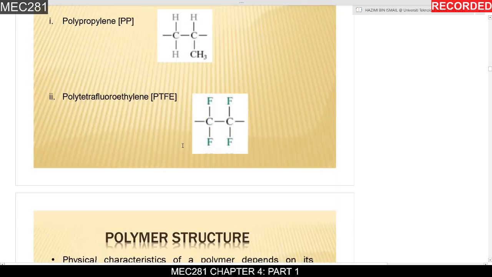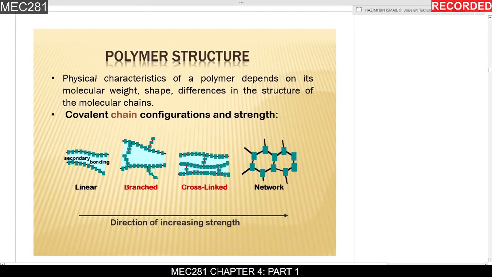Right? Okay, polymer structure. The physical characteristics of a polymer depend on its molecular weight, shape, differences in the structure of the molecular chain, covalent chains, configuration, and strength.